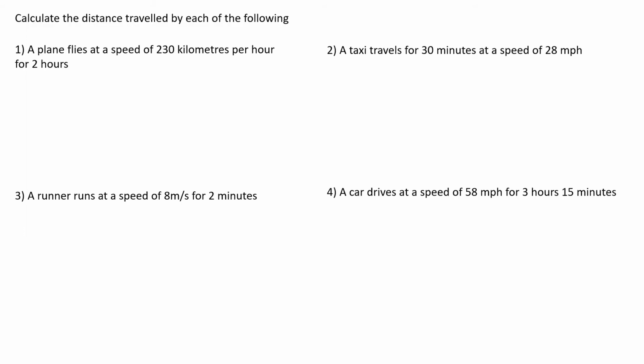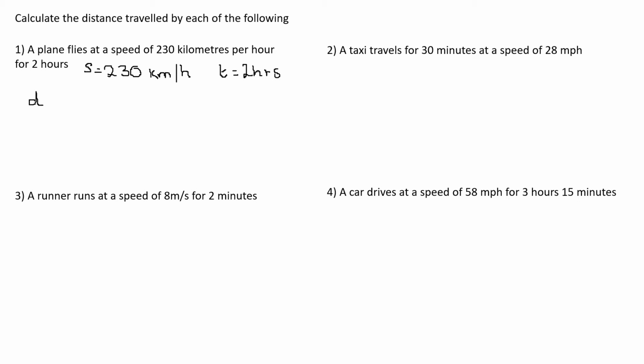So let's have a go at some fairly simple questions to get you used to using speed and time to calculate distance. Question 1. A plane flies at a speed of 230 kilometres per hour for 2 hours. So my speed is 230 kilometres per hour, and my time is 2 hours.